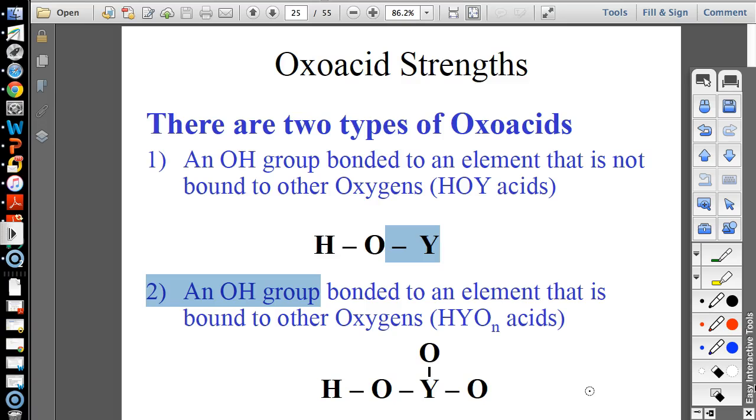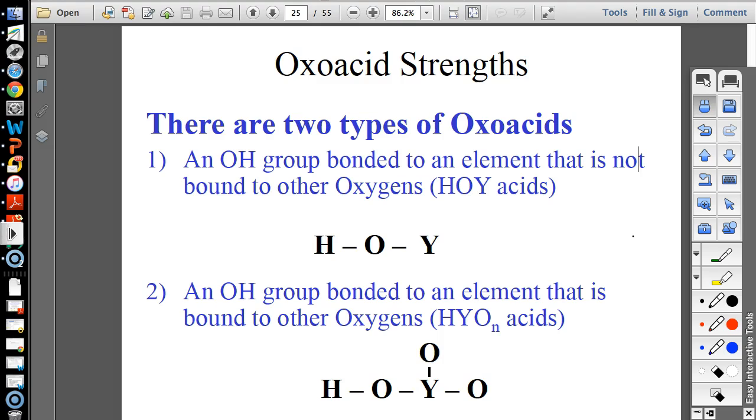If you're looking at a picture and you want to see what's going on, did it lose a hydrogen? When I say hydroxyl, it's just the OH. It's not called a hydroxide group, it's called a hydroxyl group. But it's this hydrogen that gets stolen away from that oxygen.